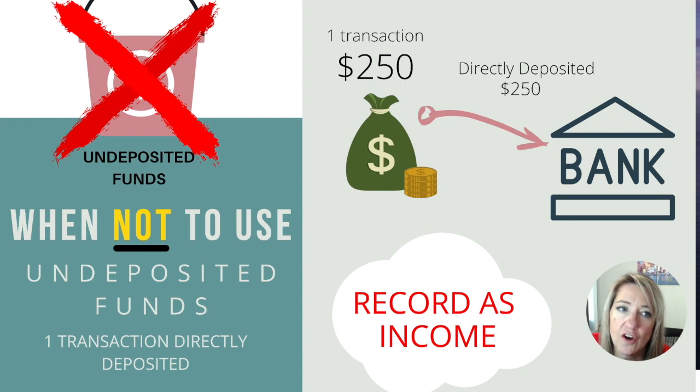So when you use undeposited funds, it's recorded as you receive it, as it goes in your drawer, as it goes in your bucket or your envelope. It's recorded as income because you've provided the product or service and it's been paid for. When you don't, it just goes straight to the bank. You don't touch it. Then you record it as income when you've received it into that bank if you're on a cash basis.